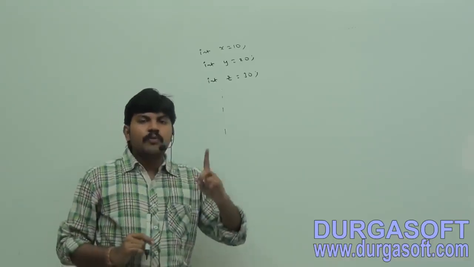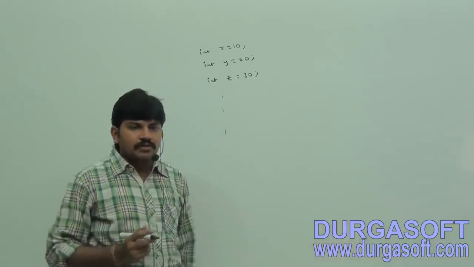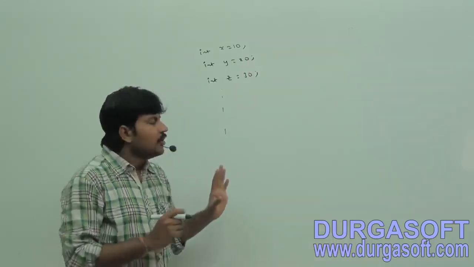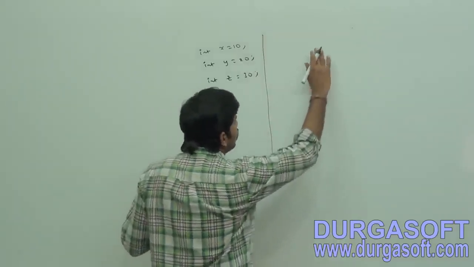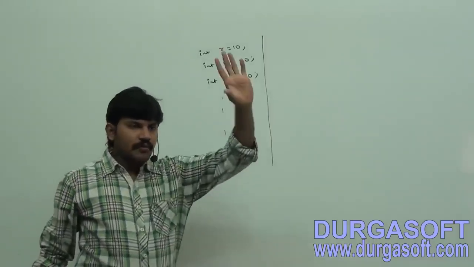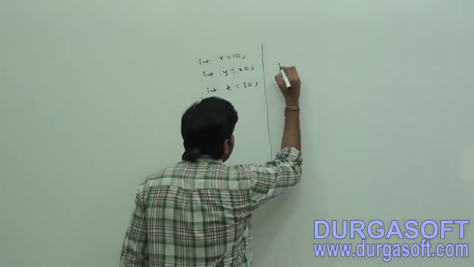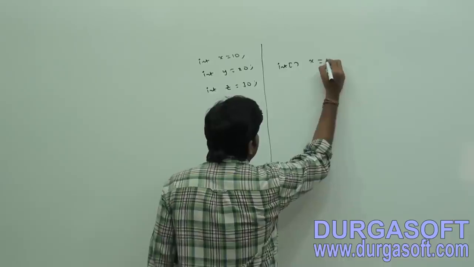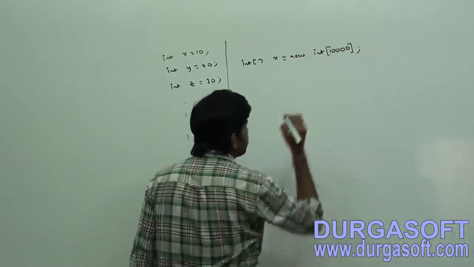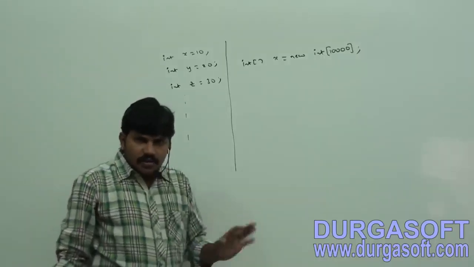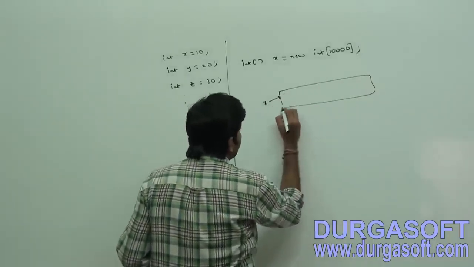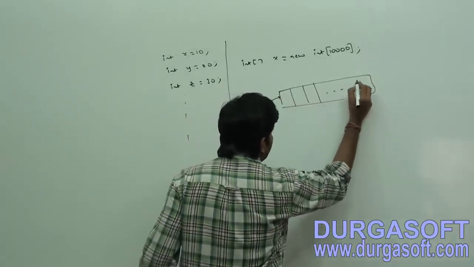That's why if you want to represent a huge number of values by using a single variable, happily we can go for the arrays concept, right? So if you want to represent 10,000 values, 10,000 variables are not required. Just one variable is enough: int[] x = new int[10000]. Now in x, how many values are there? 1, 2, 3 ... 10,000.